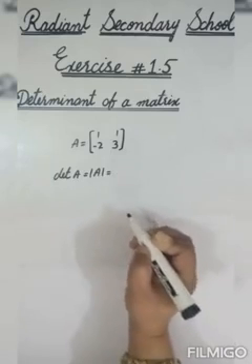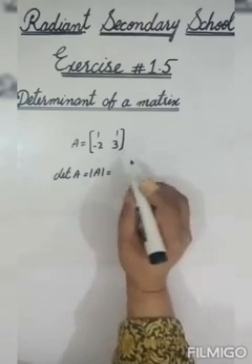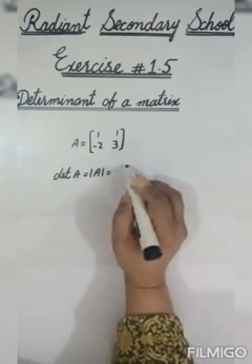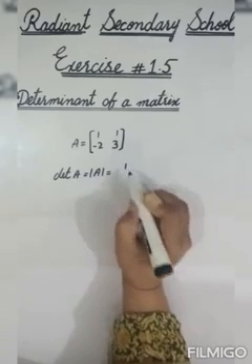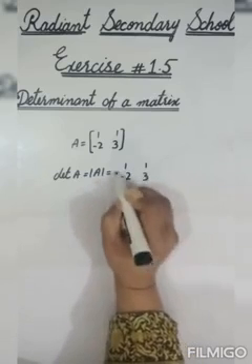Whenever we have to find the determinant of a matrix, first of all you have to change the brackets of the square matrix into straight lines. How? 1 minus 2 1 3.